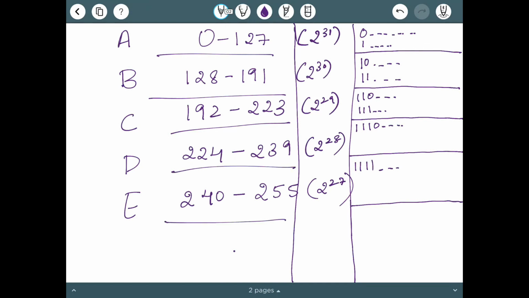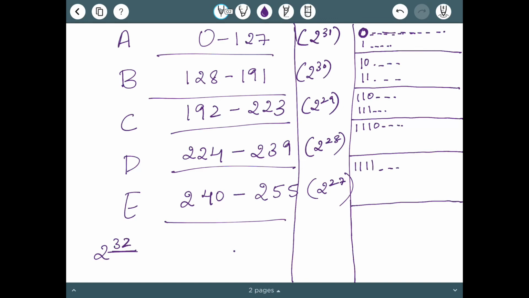See, initially I told you 2 to the power of 32 is the total number of IP addresses you can form. In class A, the address always starts from 0, and the rest of the values can range from 0 to 127.